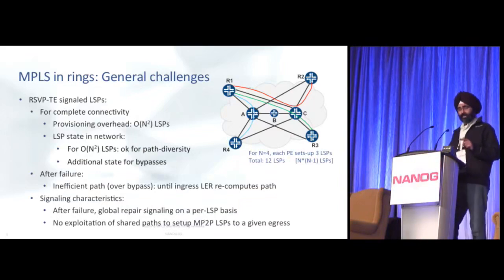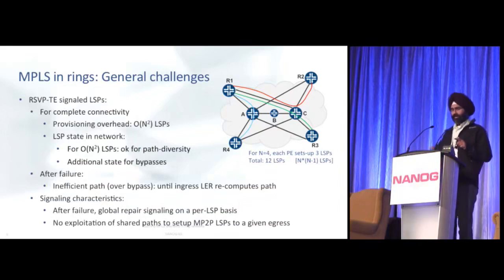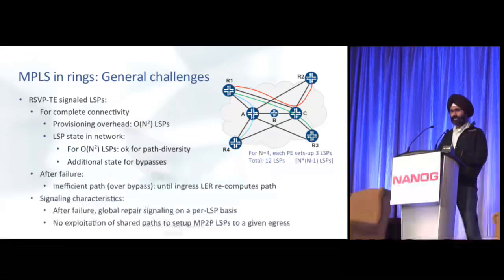Now, in this network, if you notice, there's sufficient path diversity to get from any provider edge router to another. There are multiple paths. And if there were a failure on some link which happens to be on the path of an LSP, it'll be a two-step process to repair that. Firstly, local repair would kick in, assuming you have a protection path for that link or node going down, and the RSVP LSP would get signaled over your bypass LSP.